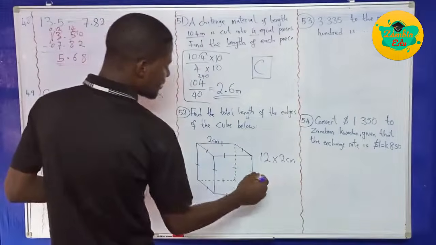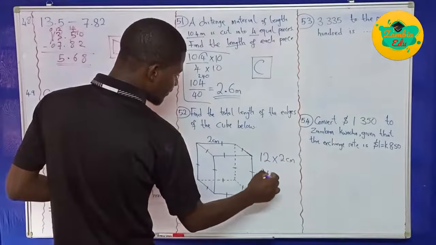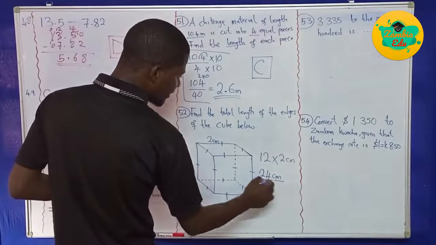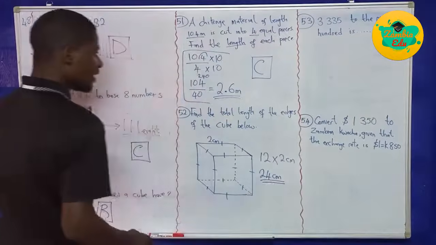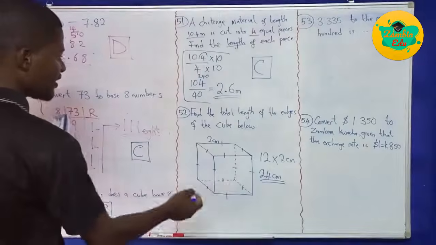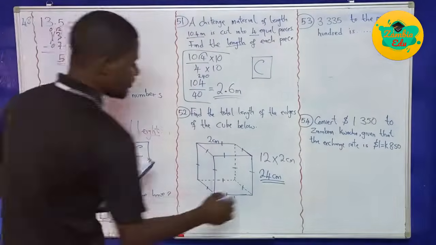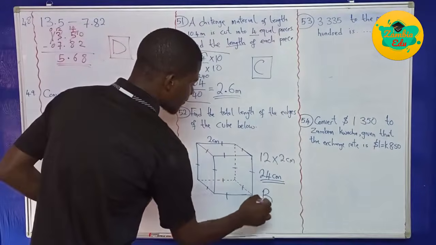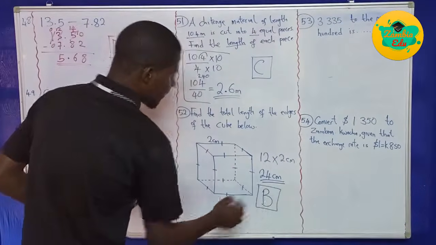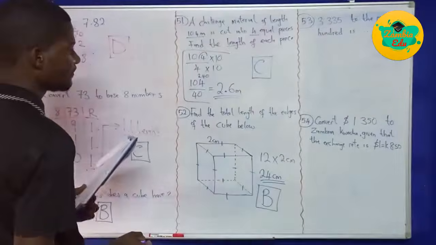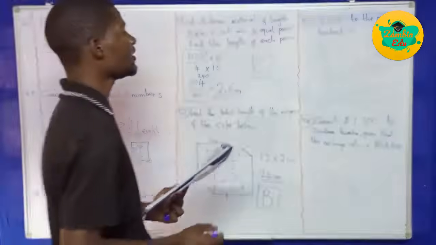So 12 times 2 centimeters, we're looking at 24 centimeters as the total length of the edges of the cube, and 24 centimeters was represented as option B. In that way, we go to question 53.